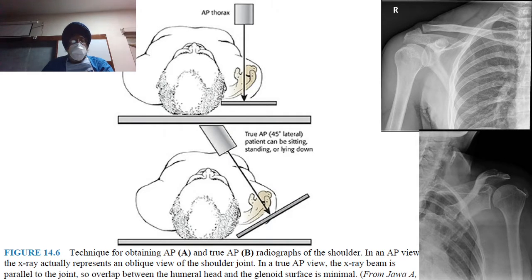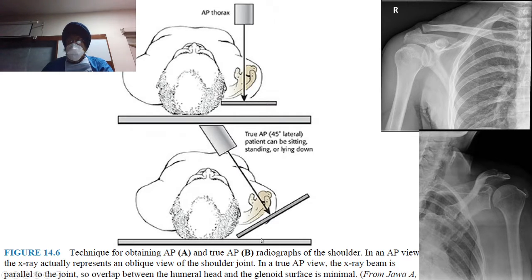So, technique of obtaining AP and true AP radiograph of the shoulder. In the AP view, the X-ray actually represents an oblique view of the shoulder. In the true AP, the X-ray beam is parallel to the joint, so overlap between the humeral head and the glenoid surface is minimal.